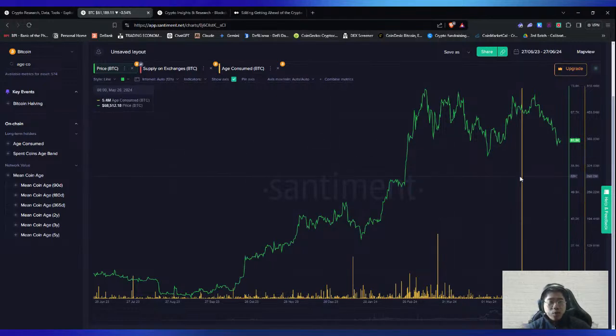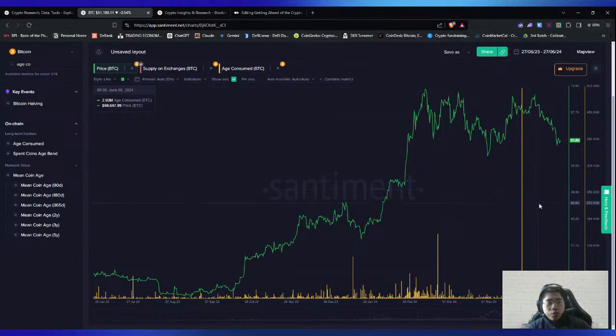So for this example, we could see a major spike here on the day of May 27, which is actually connected to the Mt. Gox news, wherein the Mt. Gox entity transferred 140,000 Bitcoin, if I remember it correctly, towards a single wallet, if I'm not mistaken. That's why there was a spike here.